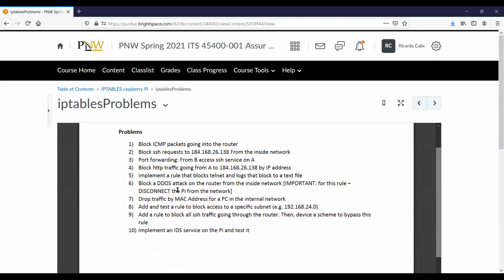Now, the next thing I will do is go over a lot of these IP table examples, just illustrate how they work and hopefully get a better understanding of what we can do, the syntax basically. So let's switch over to the whiteboard.